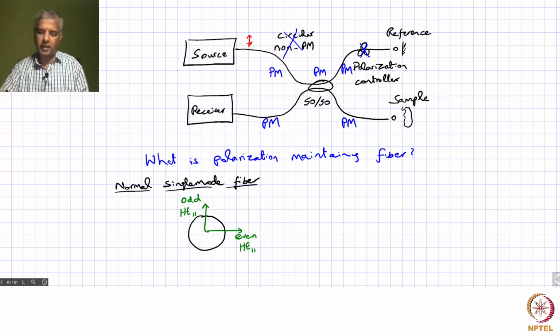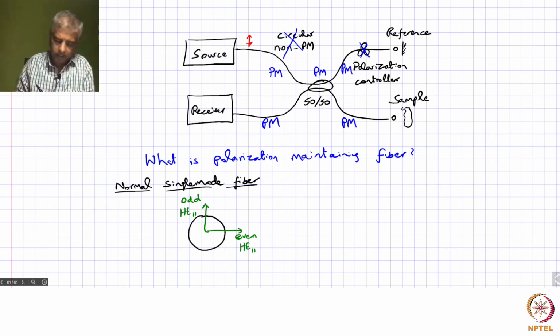So what do we mean by degenerate? Well, each of these polarized modes, each of these field configurations, will have a certain rate at which it accumulates phase as it's propagating down the fiber. That is defined through the phase constant.